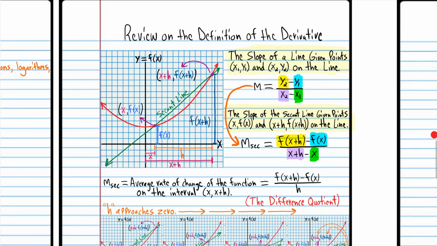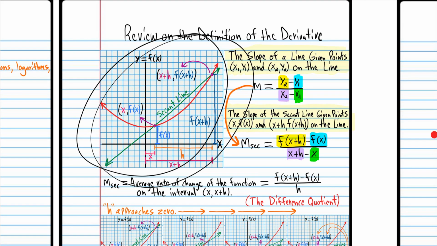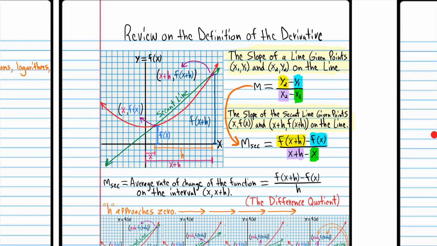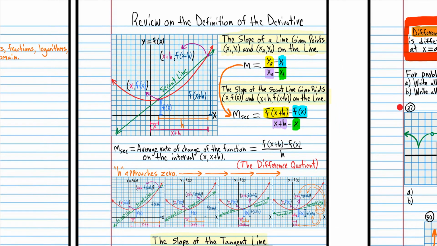Now, if you forgot the logic behind this, if you're a little rusty on this, or you just completely forgot, that's okay. It's not really that important that you understand this right now. But we're just going to quickly go over this.